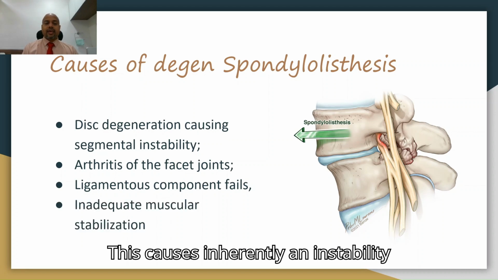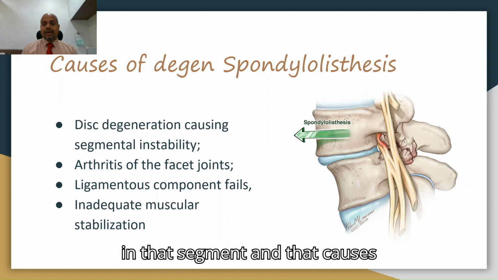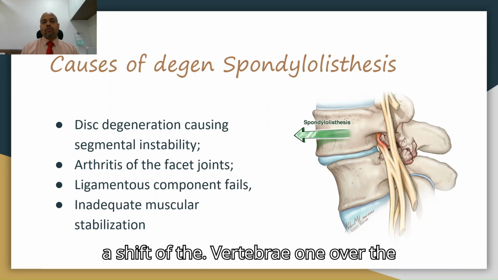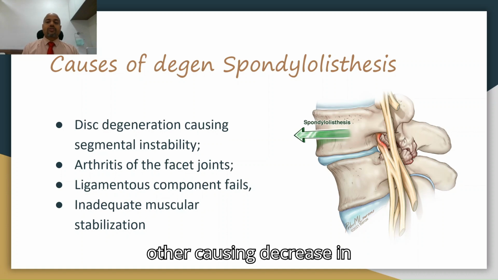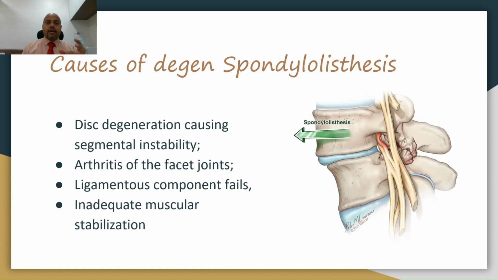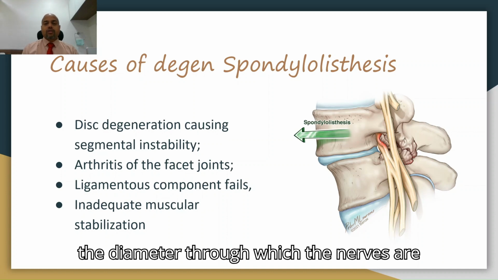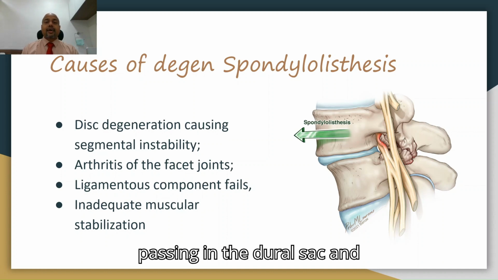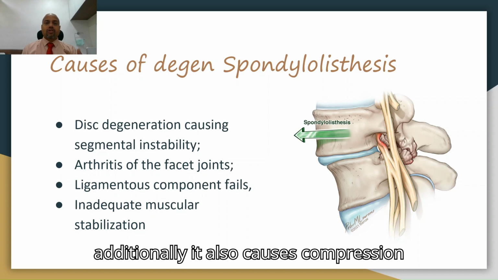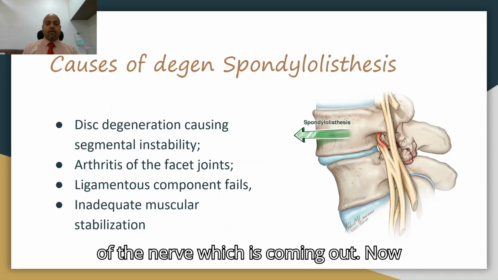This causes inherently an instability in that segment, and that causes a shift of the vertebrae one over the other, causing a decrease in the diameter through which the nerves are passing in the dural sac, and additionally it also causes compression of the nerve which is coming out.